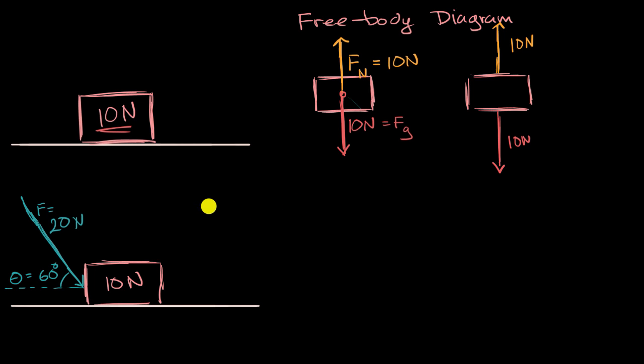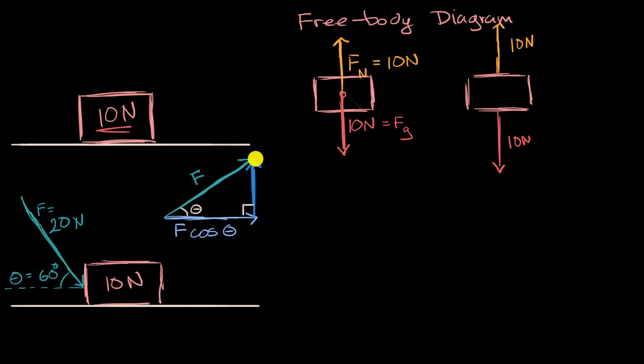And to do so, we just have to remember a little bit of our basic trigonometry. If I have a force like this, and it is acting at an angle theta right over here with the horizontal, and I want to break it up into its horizontal and its vertical components, if the magnitude of the hypotenuse is capital F, then the magnitude of the adjacent side to this angle, this comes straight out of SOHCAHTOA from our right triangle trigonometry, it would be the magnitude of our hypotenuse times the cosine of this angle.